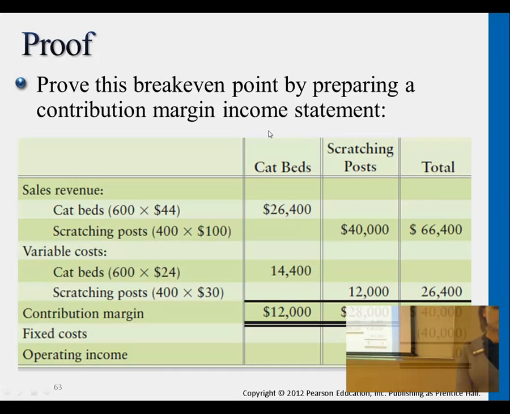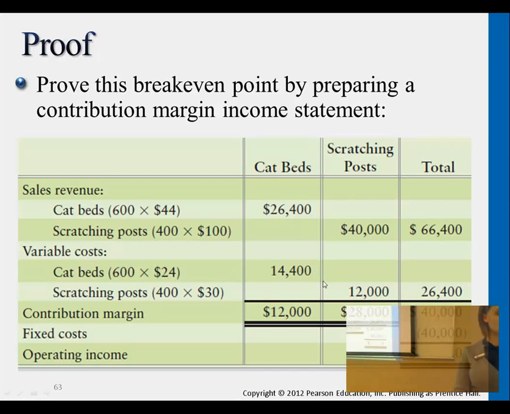But now look here. We added two additional columns, one for each of the products. So for cat beds, we just figured out it's $26,400 in sales revenue, and for scratching posts, it's $40,000. So we found a total of $66,400 just a slide ago.